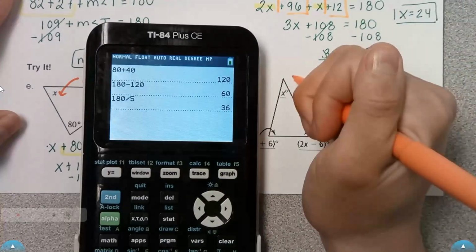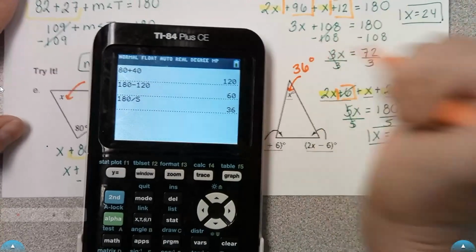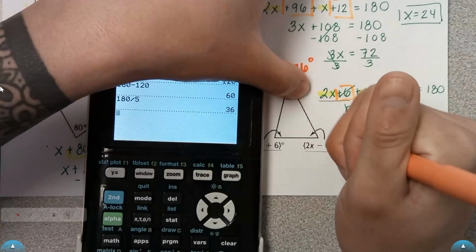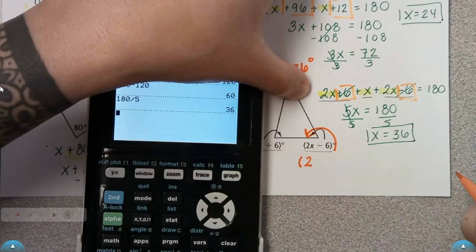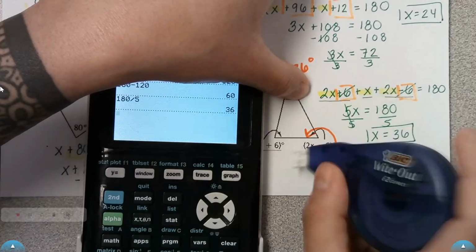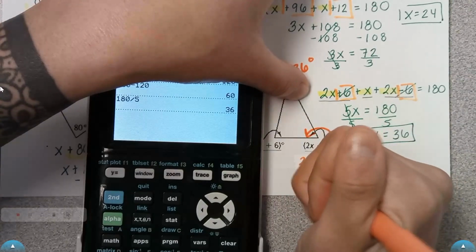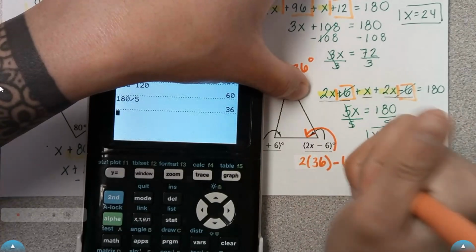So if I plug it in back to the top up here, I know that that's 36 degrees. If I plug it in here at the bottom, I have 2 times 36. Here, let me rewrite this. I have 2 times 36 minus 6.